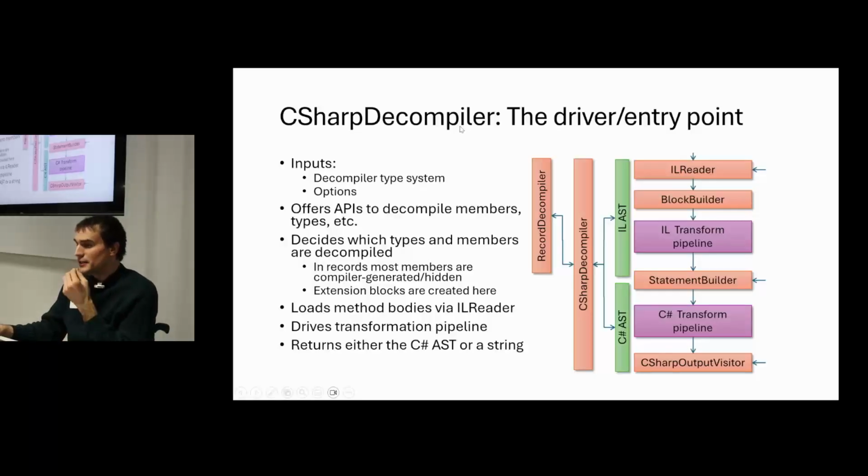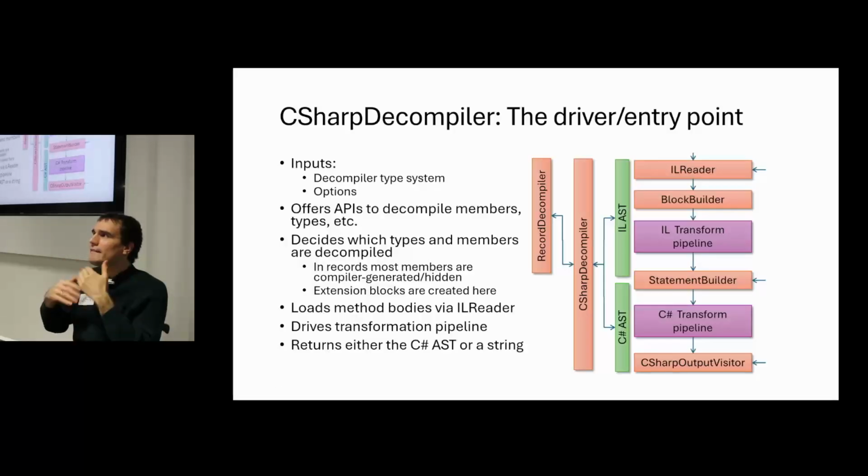It's basically the driver, so it decides what members should, under the current configuration, be visible when decompiling. For example, in records, most of the members are compiler generated, so we actually want to hide them, but we need to figure out which members to decompile or not.